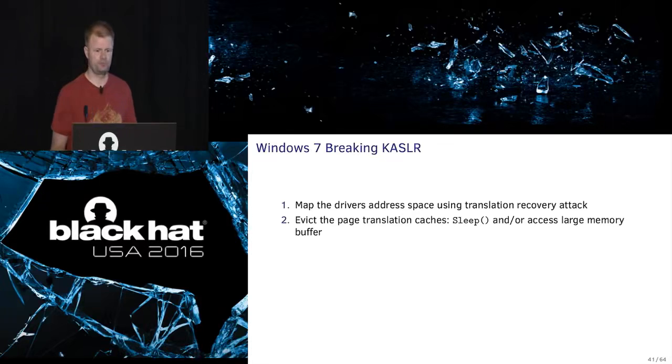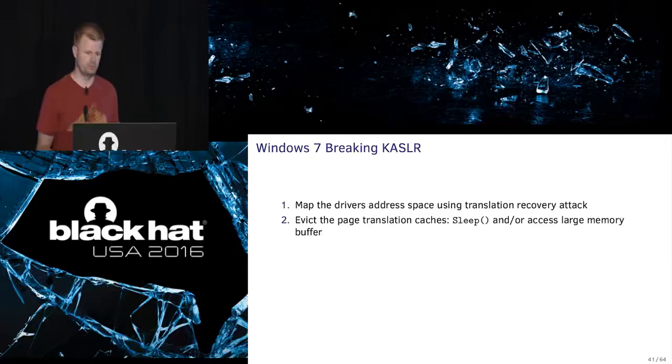The second step is we evict the page translation caches, and there are two different ways that we can do this. We can use a sleep API in Windows, which causes the current process to be swapped out and another process swapped in, and when we get swapped back in by the scheduler, typically we'll see that the translation caching has been cleared.